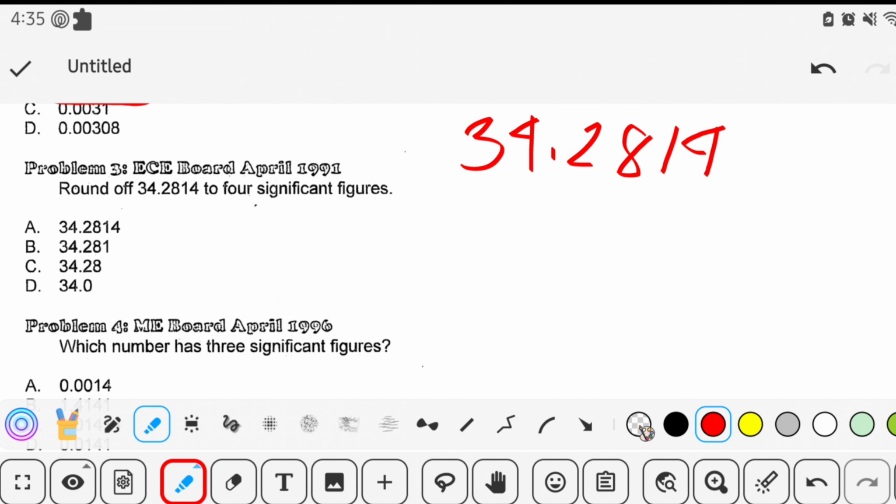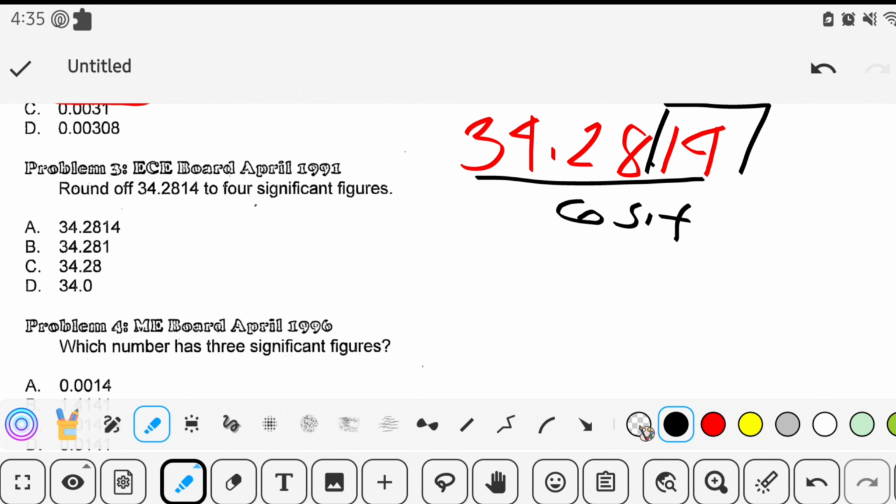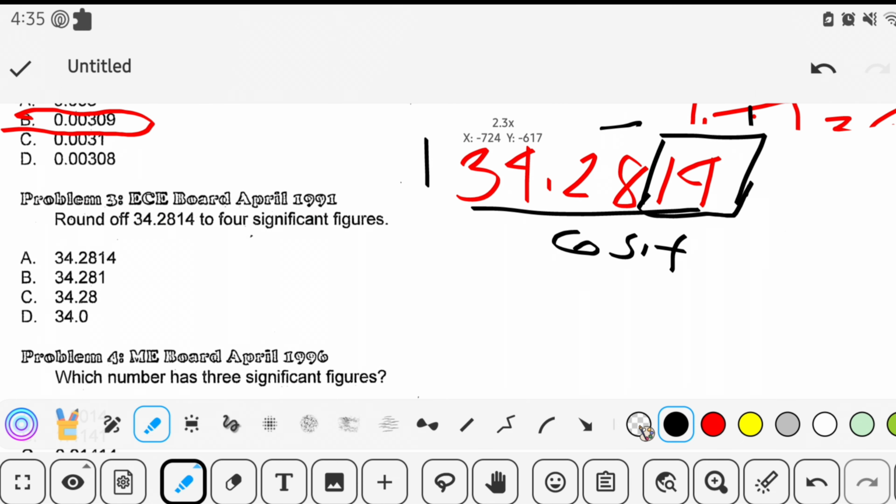How many significant figures are there? We have 2 plus 4, so 6 significant figures, but we only need 4. So we keep 34.28.